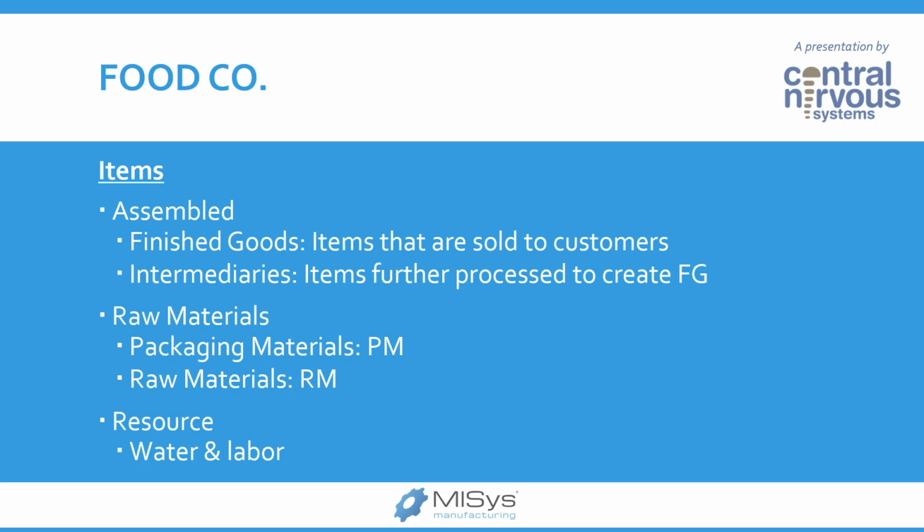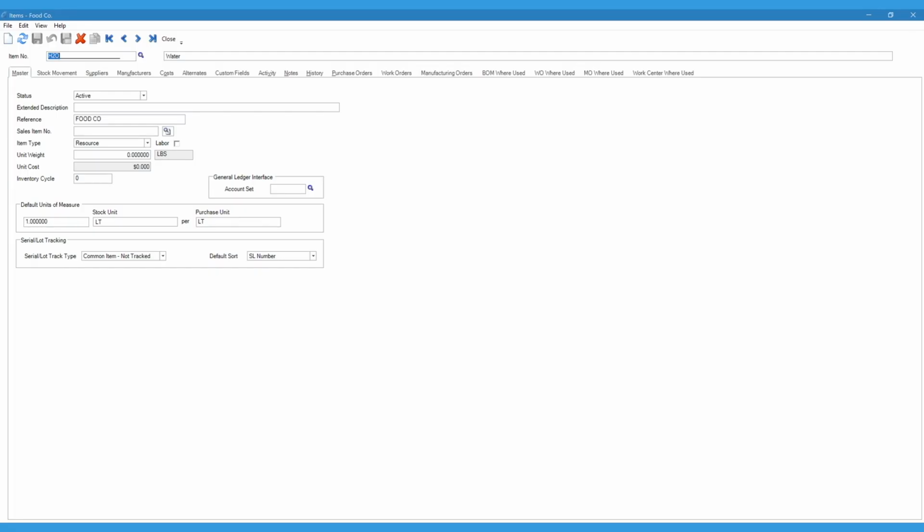Even though the category is named raw materials, packaging materials fall under that, as well as any ingredient that you put into making your product. And then, as we previously talked about, resources are water, labor, or any other resources that you want to include in your bill of manufacturing, which is going to be our next video. Now, let's take a look at these items, and let's start from the bottom up.